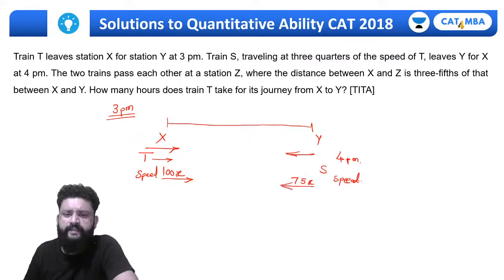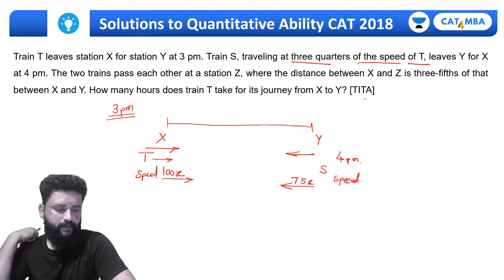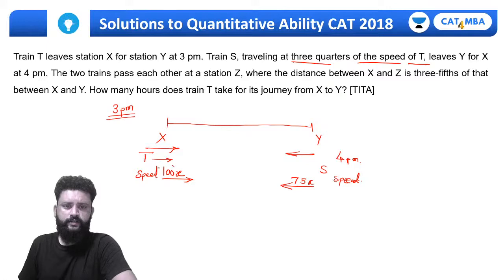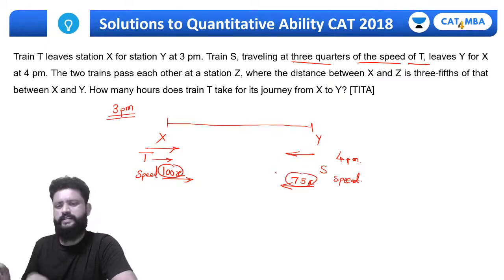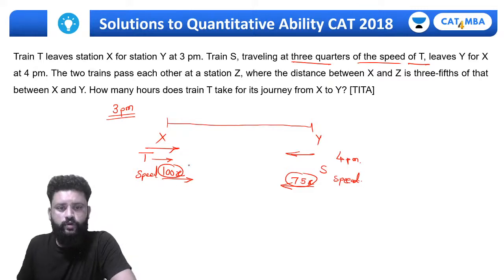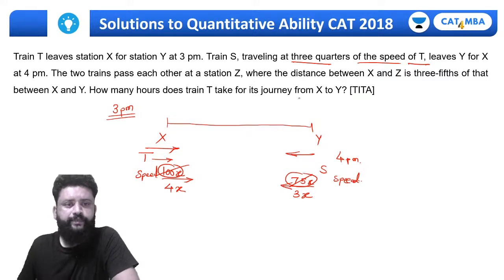How can I take 75x? With 3/4 of the speed of T. तो अगर इधर 100x होगा तो इधर 75x होगा. तुम थोड़ा सा रिड्यूस करना चाहो तो 4x और 3x भी ले सकते हो. So let's take it as 4x and 3x.